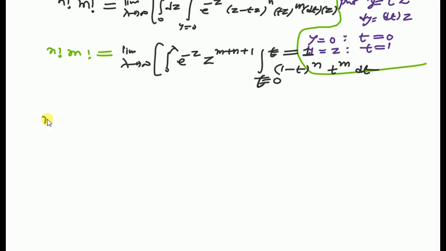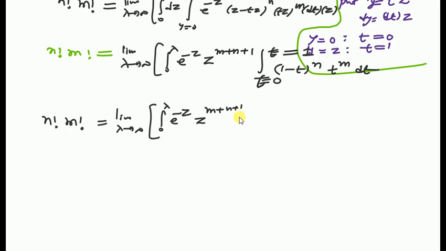Now with this, finally n factorial m factorial is equal to the limit as lambda tends to infinity, of the integral from 0 to lambda of e power minus z, z power m plus n plus 1 dz.